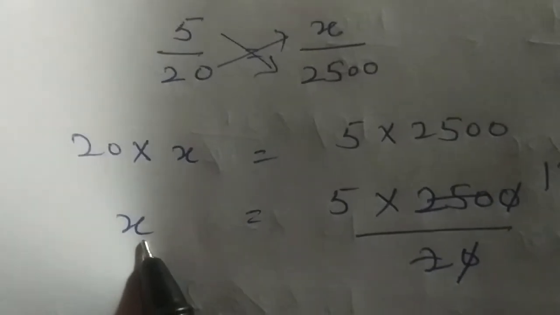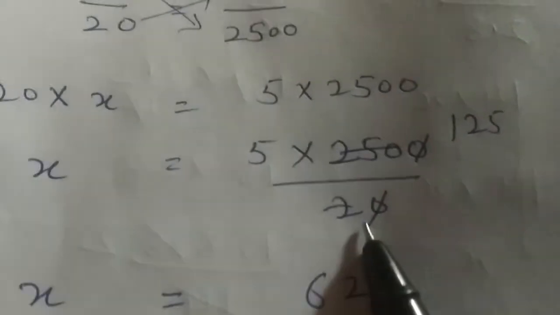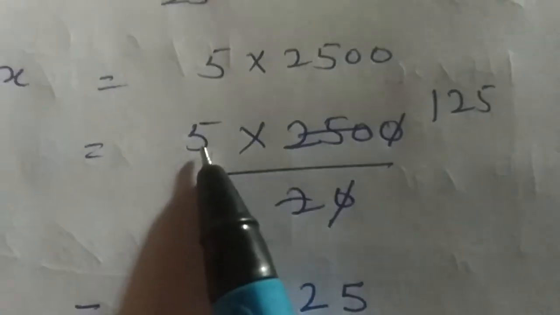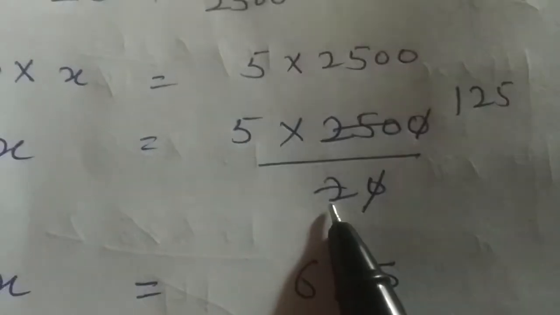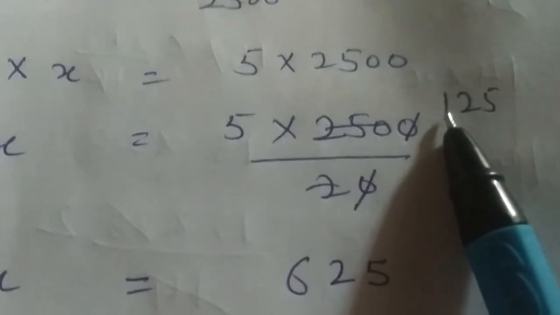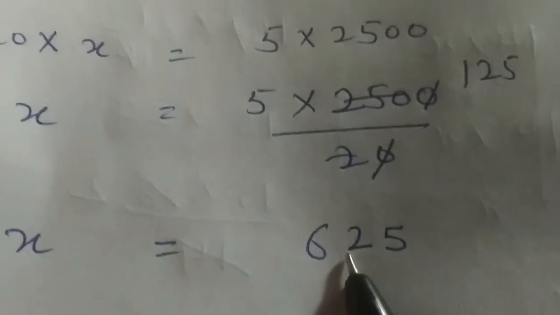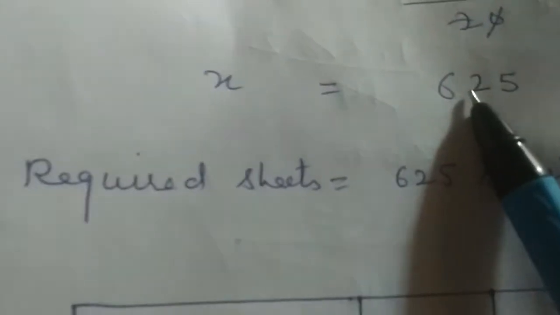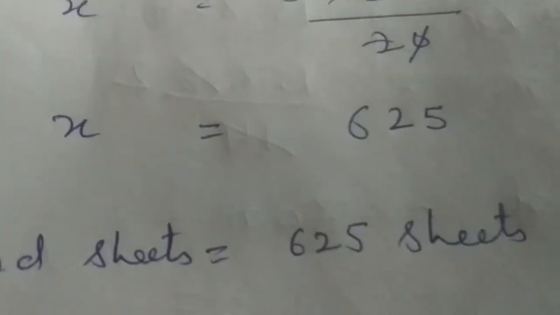Find the value of x and write this 20 here in division. You will get, by cancelling this 0 with this 0, and at the table of 2 you will reduce 250 to 125. Multiply 125 by 5, you will get 625. So it means your required number of sheets is 625.